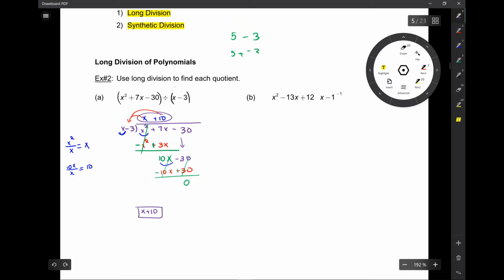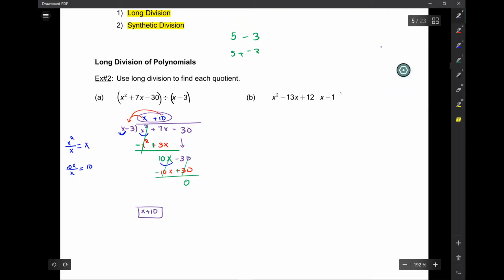0 remainder. Okay, this one here, I have this times x minus 1 to the power of minus 1. Now, power of minus 1 is the same as 1 over something.